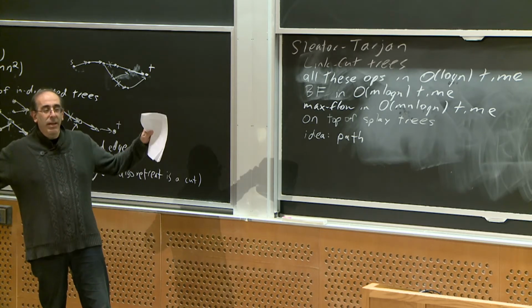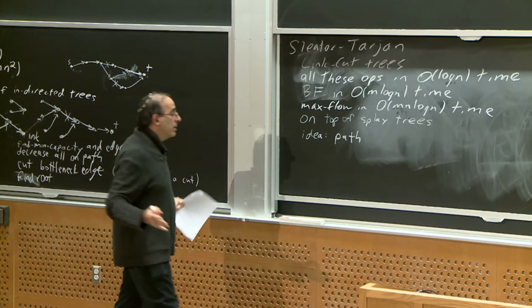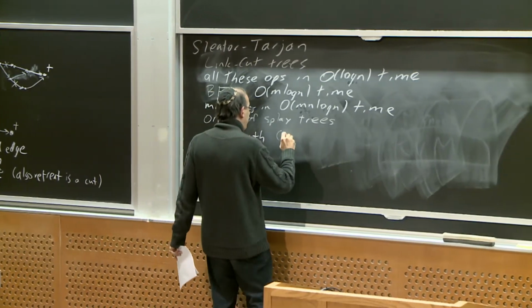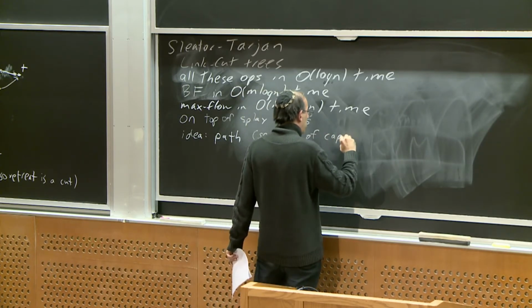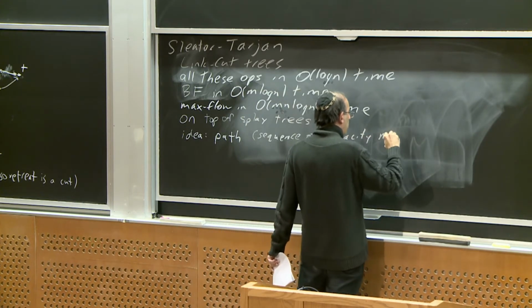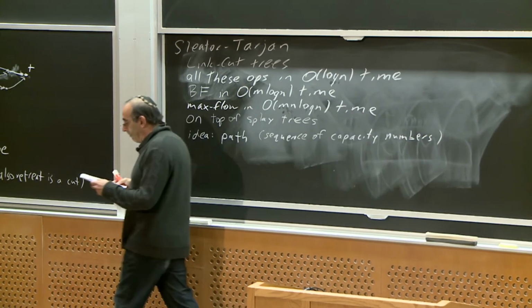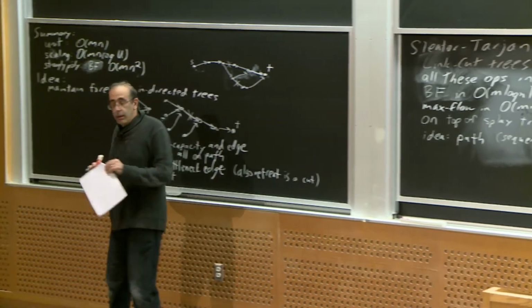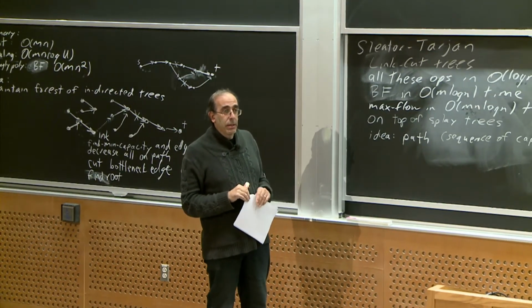Okay, so path, you can also just think of it as a sequence of numbers, right? A sequence of capacity numbers. Okay. And again, you're going to have to use an implicit representation of these capacities.